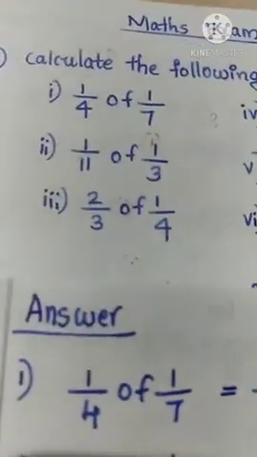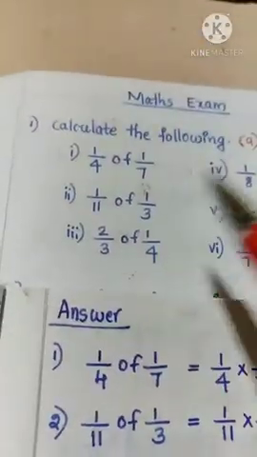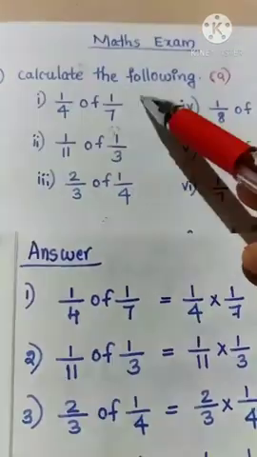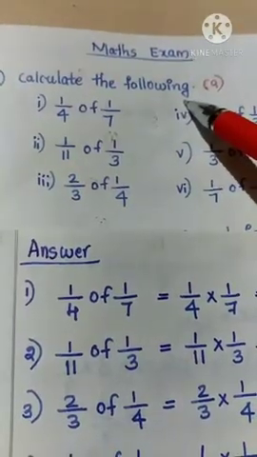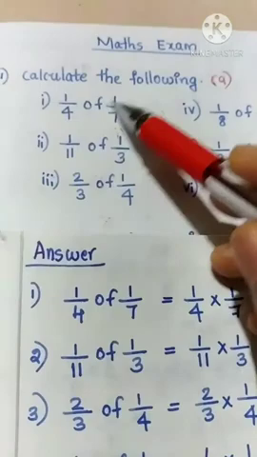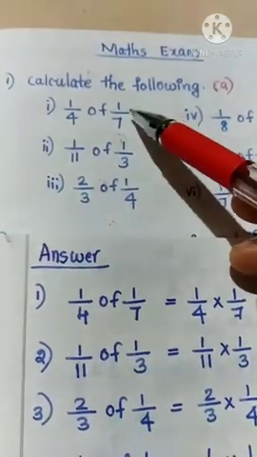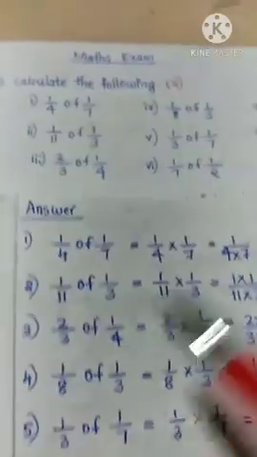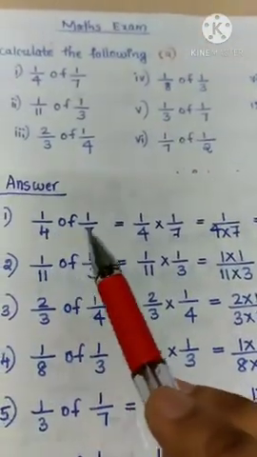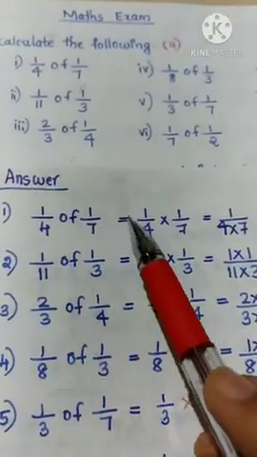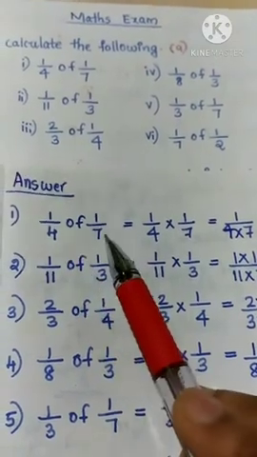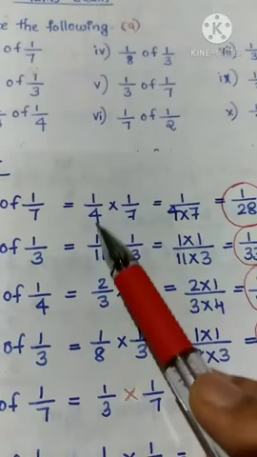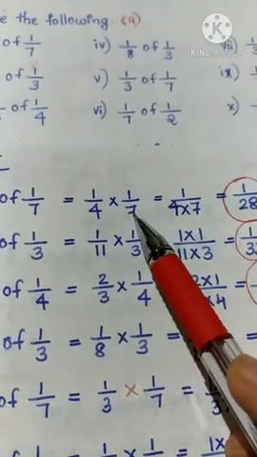So our first question is, calculate the following. 1 by 4 of 1 by 7. So how can we calculate this? Here you have to multiply these two fractions, 1 by 4 and 1 by 7.